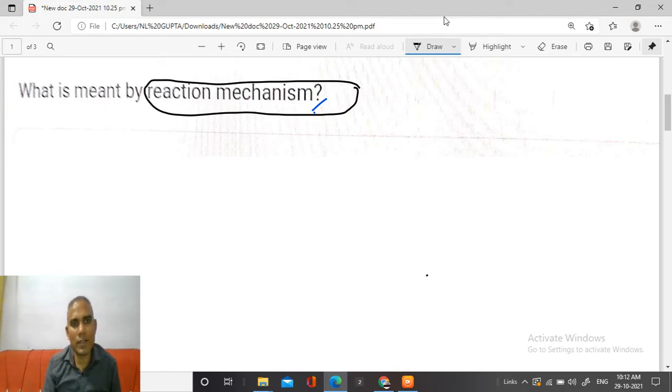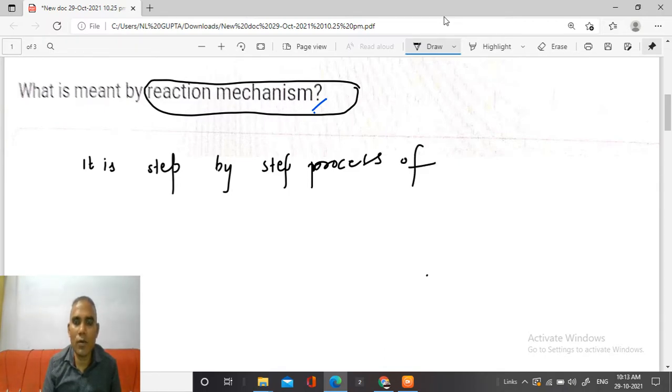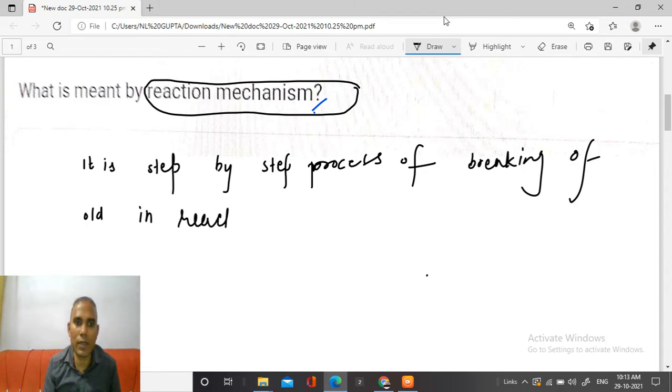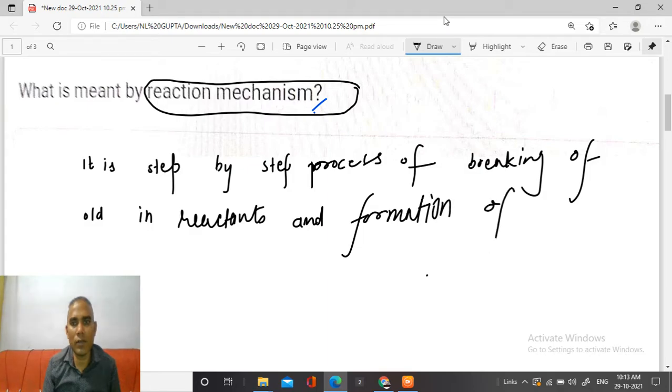When you talk about reaction mechanism, it is a step by step process of breaking of old bond in reactants and formation of new bond in product.